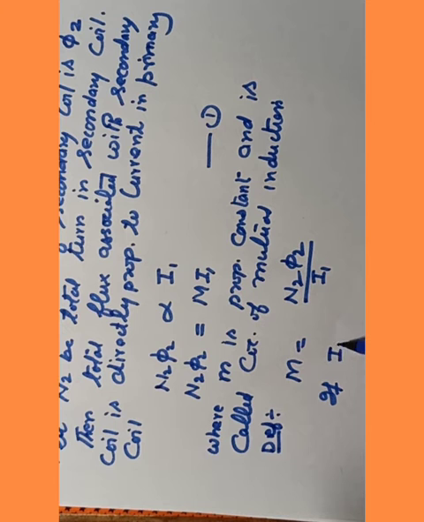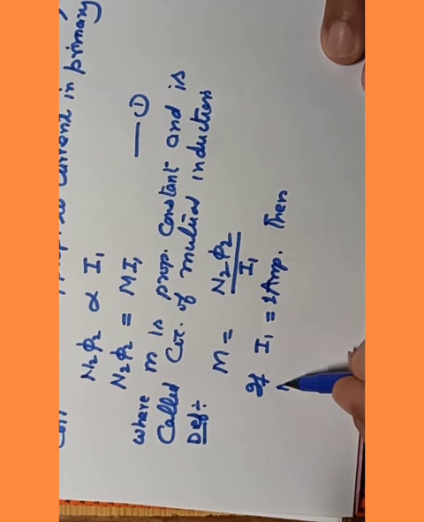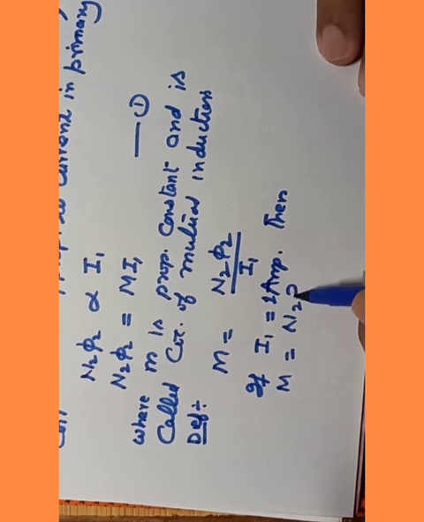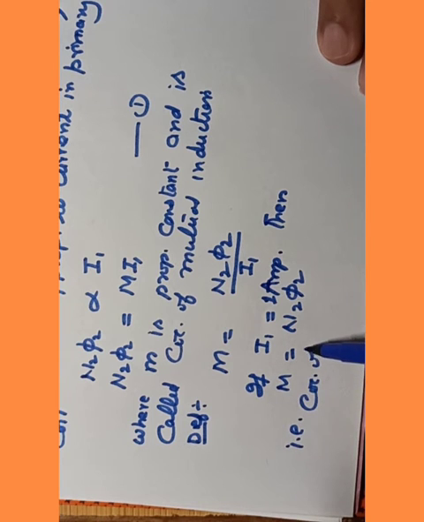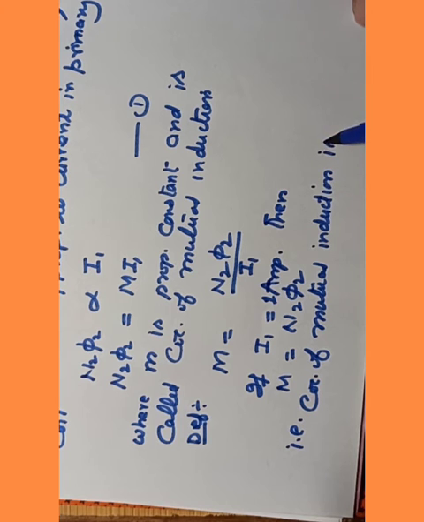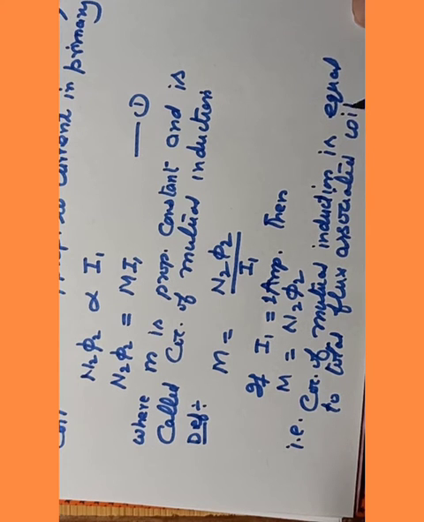If I1 equals 1 ampere, then M equals N2 phi 2, that is, the coefficient of mutual induction is equal to the total flux associated with the secondary coil when the current in the primary is 1 ampere.